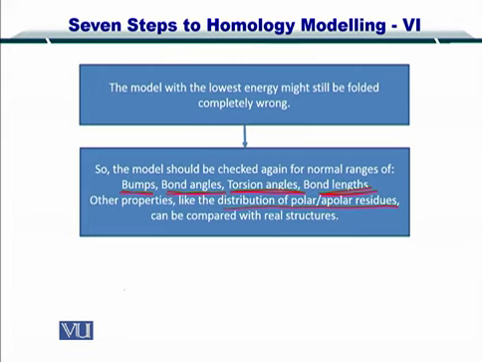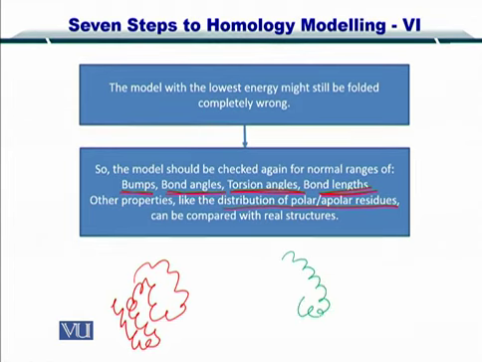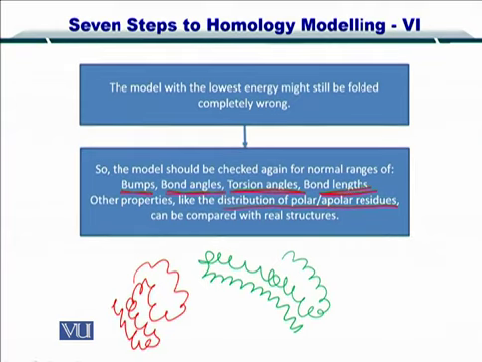So for instance, if you have a protein like this, it does not have an obvious bump. However, if you have a prediction such that you have helices and then there is a portion in the protein that is protruding out of the main structure, you want to reevaluate this structure.